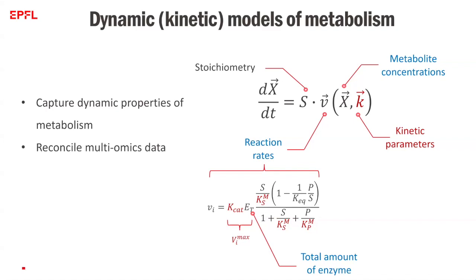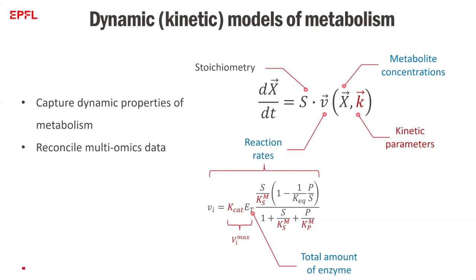In these models, you cannot investigate, in fact, regulatory circuits. In contrast, with the dynamic models, this is possible. This is one advantage of these models with respect to classical genome scale models.